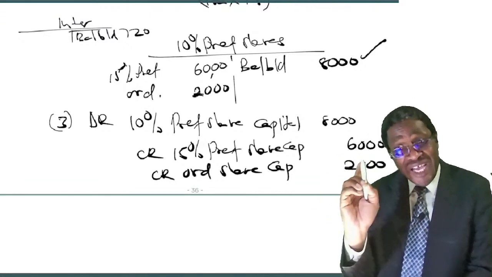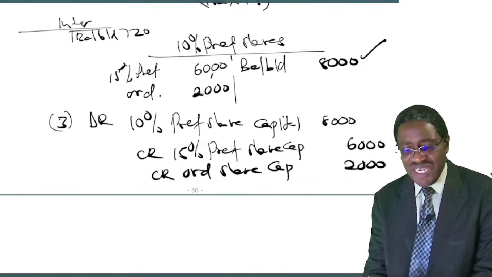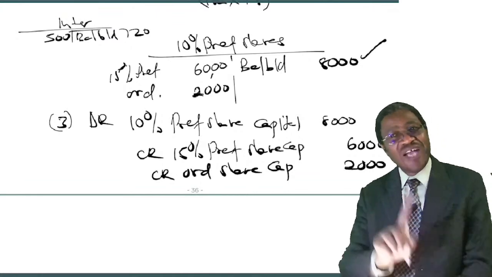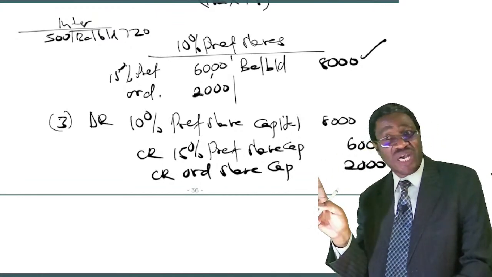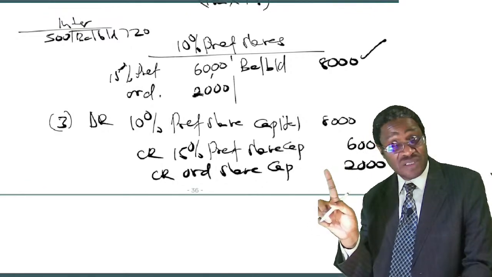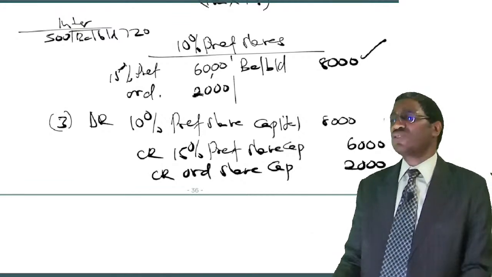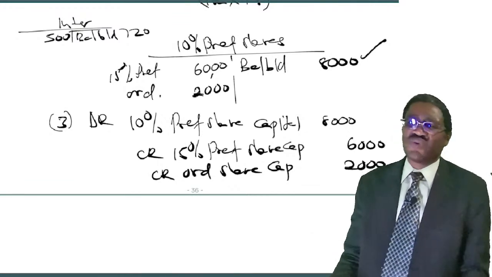So the double entry is you debit interest payable by 500, and you credit ordinary share capital by 500. But there's another 220 in that account. You can't leave it that way.